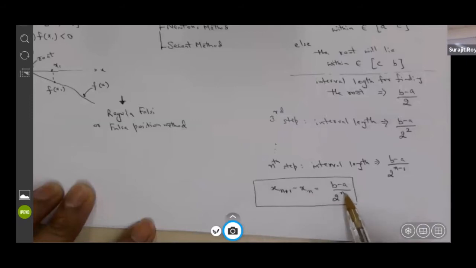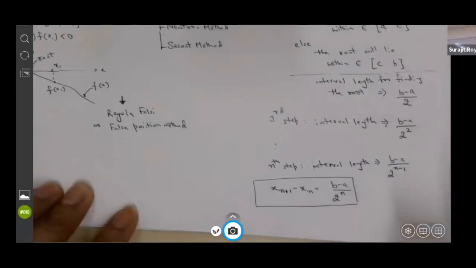Now why is it n and not n minus 1? Because I'm going to the (n+1)th step. So that is why it is n here. So after the nth step, the error in the estimation of the root is given by this.